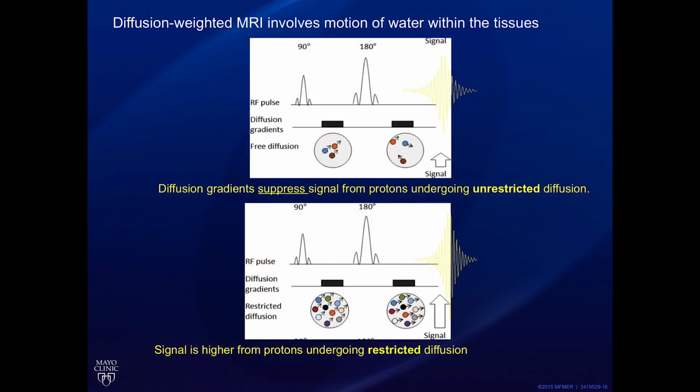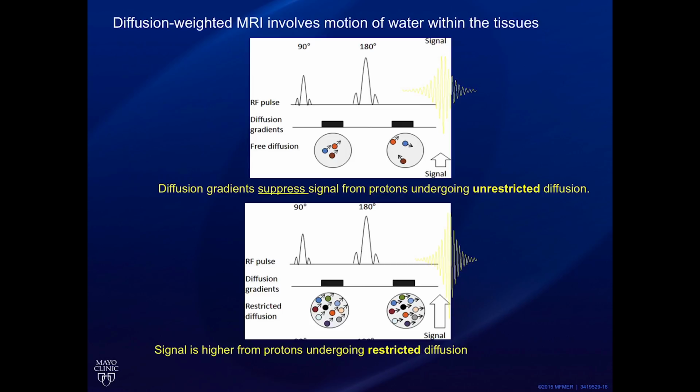So diffusion-weighted MR involves motion of water within the tissue. So you have these sequences that go by. Here are these little cells, and they've got protons in them, and these can move around freely. So it's called free diffusion. And then diffusion gradients suppress signal from protons undergoing unrestricted diffusion.